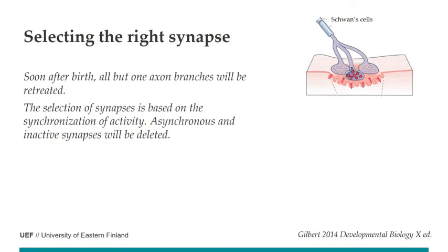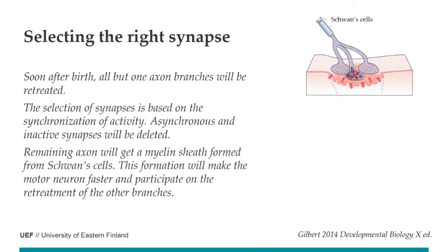In some cases, there can be synapses that are completely inactive. Delete them also. And the remaining axon will get the myelin sheath from the Schwann cells, and this formation will make this motor neuron a little bit faster. That's also affecting the retreatment of the other branches.